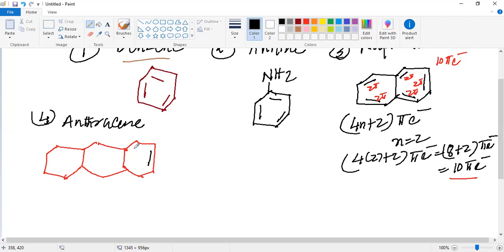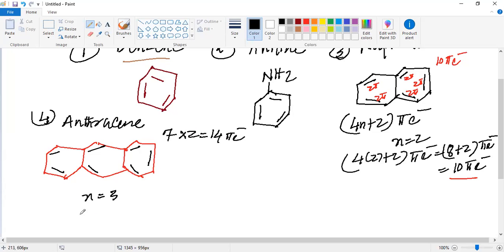In anthracene, my dear students, you can see that total how many double bonds? 1, 2, 3, 4, 5, 6, 7. 7 double bonds. So 7 multiplied by 2, that is 14 pi electrons are available. Here you can see that n is equal to 3.